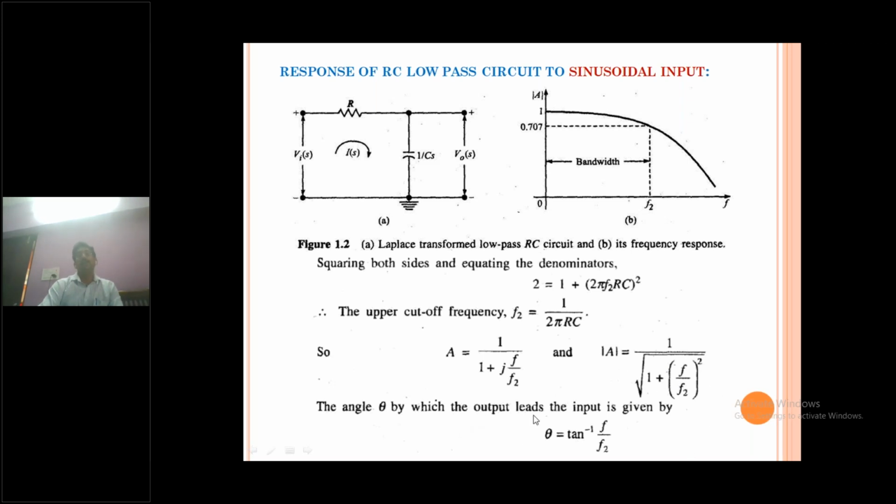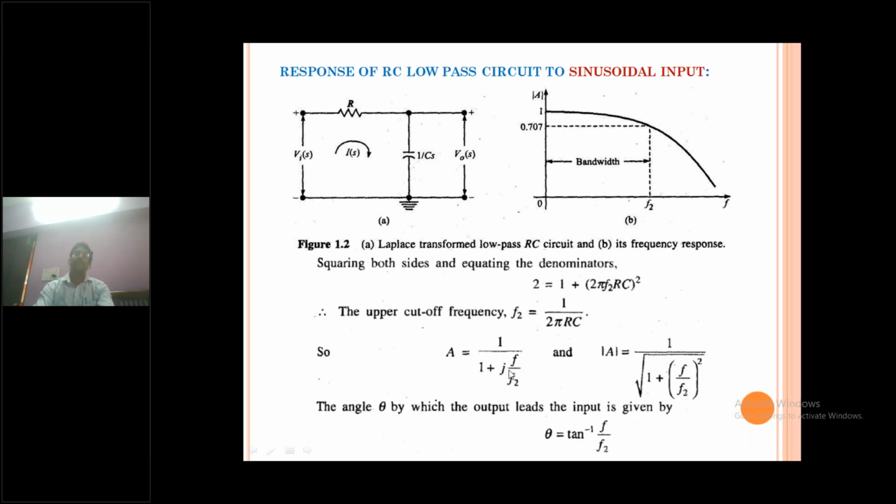Here you have to find how much the output is lagging the input in phase angle. Because I already told you, when a sinusoidal input is applied to any linear network, the output waveform is also sinusoidal, and the only change is in magnitude and phase. The magnitude formula is given here, the voltage gain and how it varies with frequency. Similarly, the phase angle is theta equal to tan inverse of the imaginary part by the real part. Here the imaginary part is f by f2.